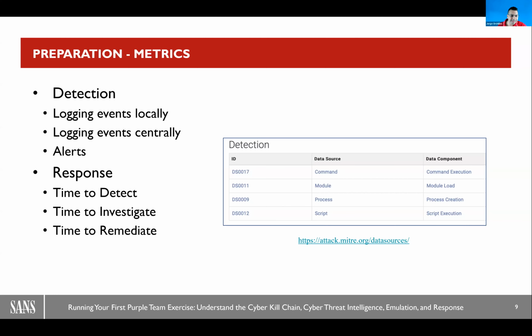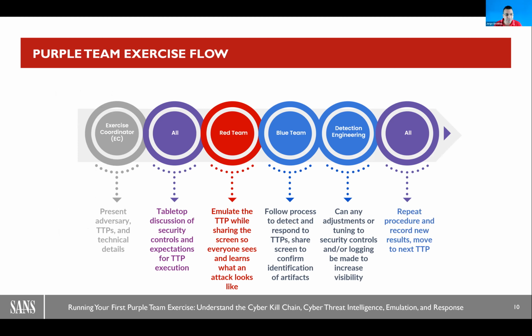purple team. And then in a purple team exercise, you bring everyone together. Generally, you have an exercise coordinator. They will present an adversary, present some TTPs, explain how that TTP works. And then you have a tabletop discussion. You go around and you see, what does the SOC analyst think would happen when this executes?